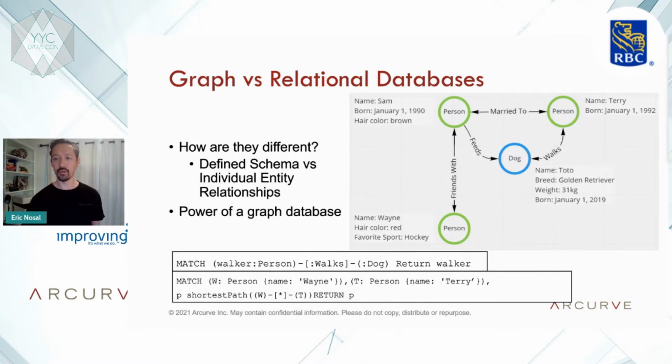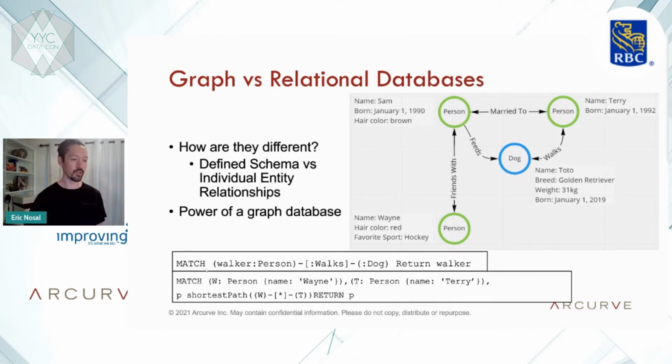What we have here, while it's limited, gives us very important insight towards the power of a graph database. With this picture, you can ask very natural questions, like, who walks their dogs? Neo4j has created a language called Cypher, which is the query language into their database, designed around ASCII art. It tries to make a visual query.